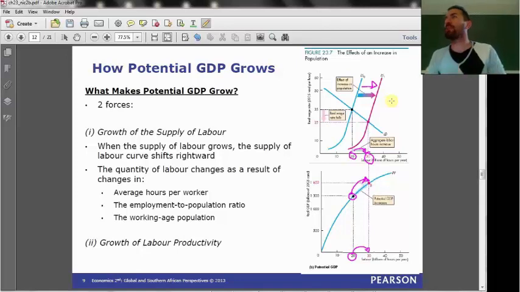Labor demand, firm side: firms demand labor to produce. Supply of labor, that's from households. Households supply labor in order to earn wages. Where those two functions intersect, we have the equilibrium quantity of labor, that's our input into the production function. And our labor supply curve can shift if factors which determine labor supply change.